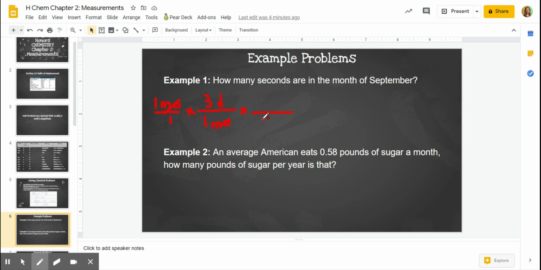So 1 day, to get closer to seconds, I'm going to change that to hours. There are 24 hours in 1 day. Okay, and how do I get closer between hours and seconds? 1 hour is 60 minutes.